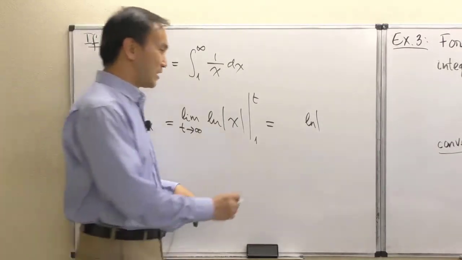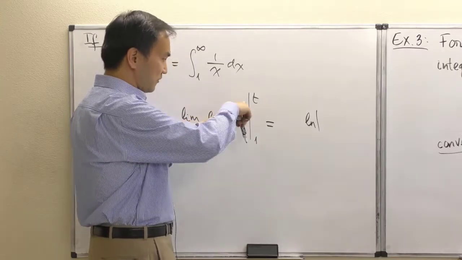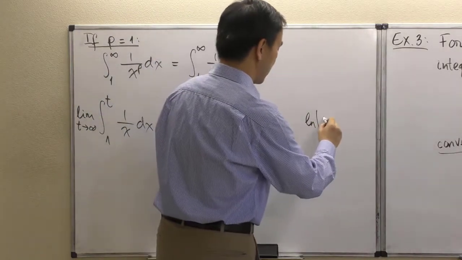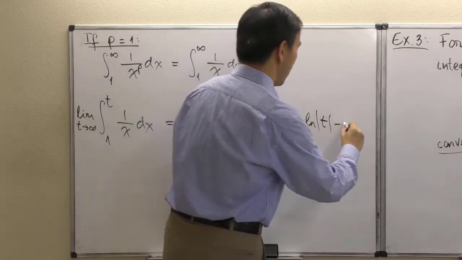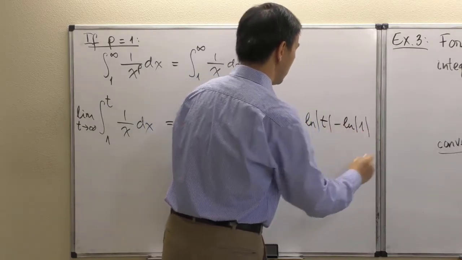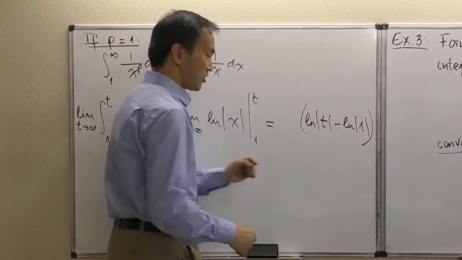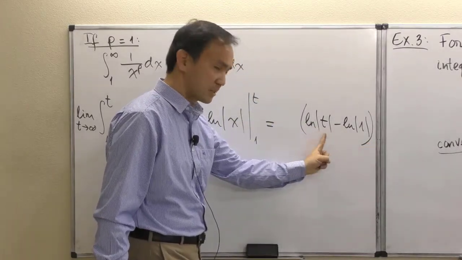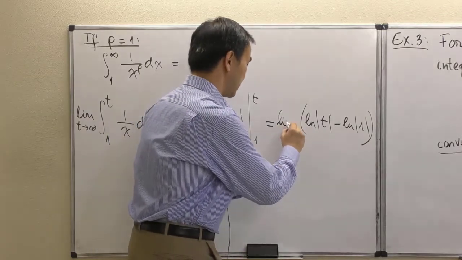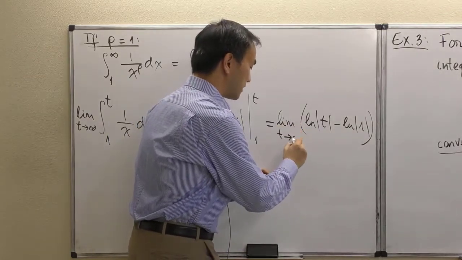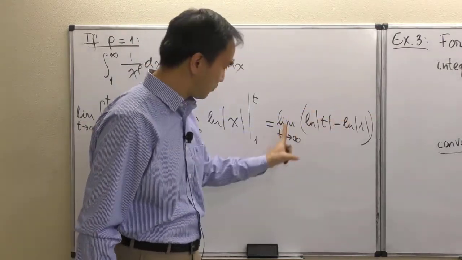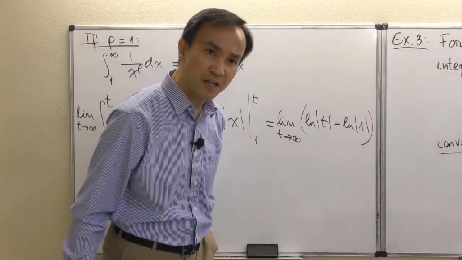Okay, and so now continuing with the fundamental theorem of calculus, I am going to substitute t into my x right here. So I have natural log of t minus natural log of 1 in absolute value. And that is clearly an expression completely in terms of t, and we're taking the limit as t approaches positive infinity.